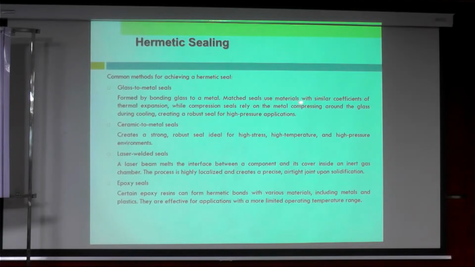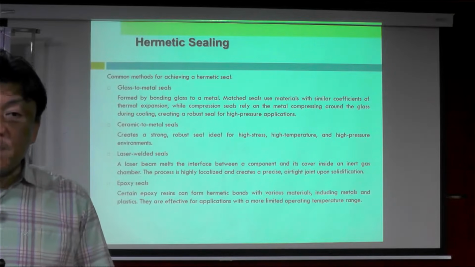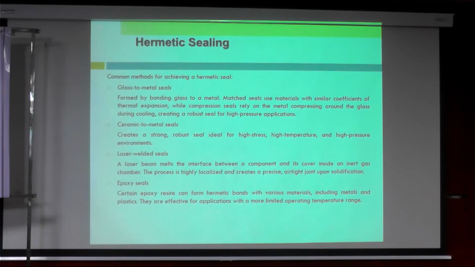Match seals use materials with a similar coefficient of thermal expansion, while compression seals rely on the metal compressing around the glass during cooling, creating a robust seal for high pressure applications. So for a match seal we use a controlled thermal expansion, meaning the use of both materials with quite similar thermal expansion coefficients. And a ceramic-to-metal seal creates a strong, robust seal, ideal for high stress, high temperature, and high pressure environments.